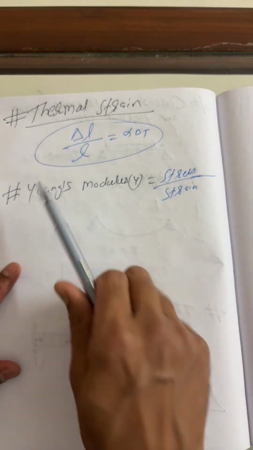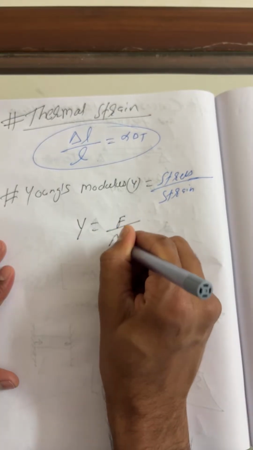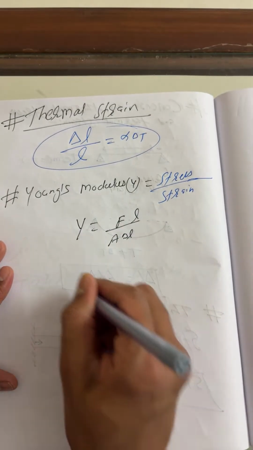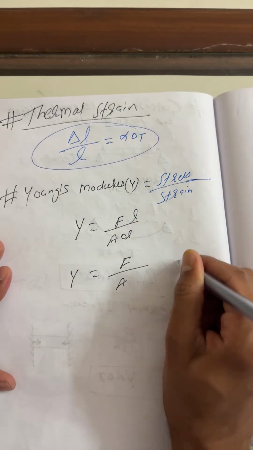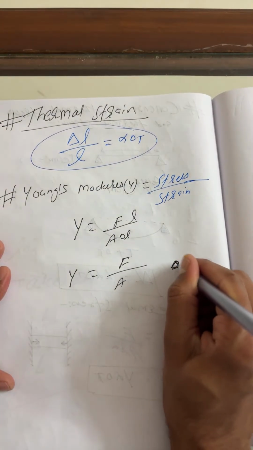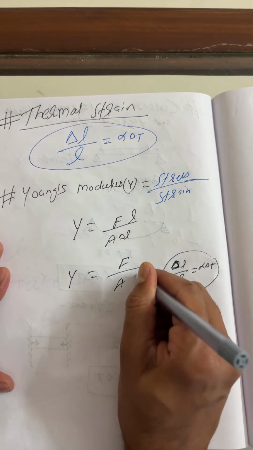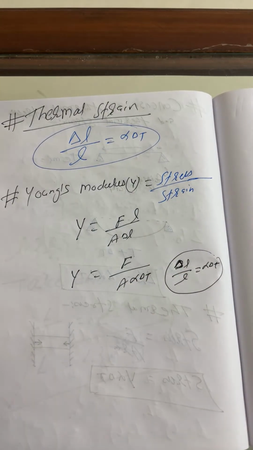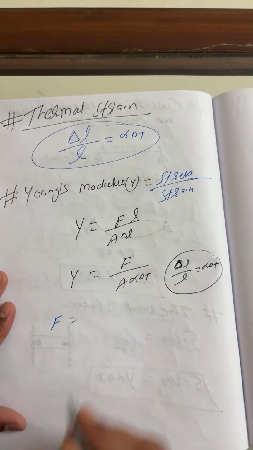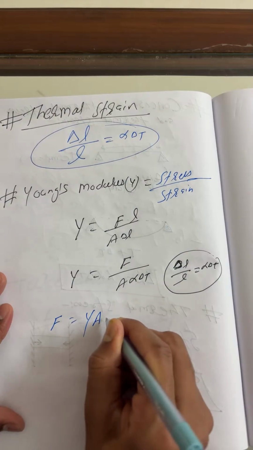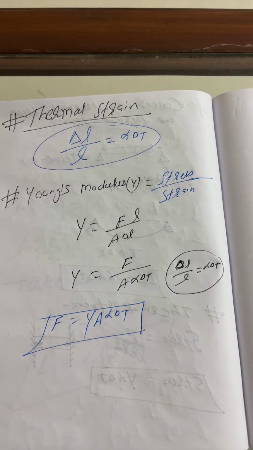Stress is F upon A, and strain is delta L by L. Young's modulus is F upon A divided by delta L by L, and delta L by L is equal to alpha delta T. So the thermal force is equal to Young's modulus into A into alpha into delta T.